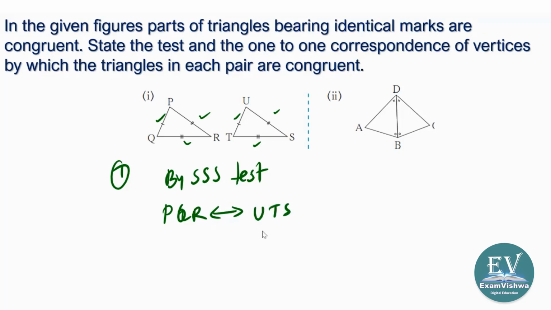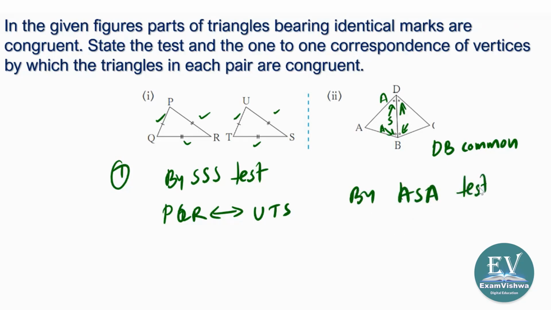And in the second case, what is sitting here, this is congruent here, where is an angle, this is another angle congruent, and DB is a common side. So as DB is a common side, that will be the included side. So we will say angle, side, angle. So we will say by ASA test they are congruent.